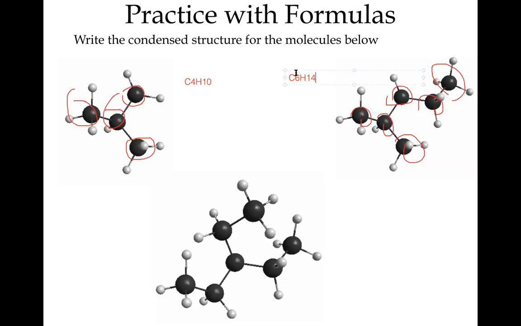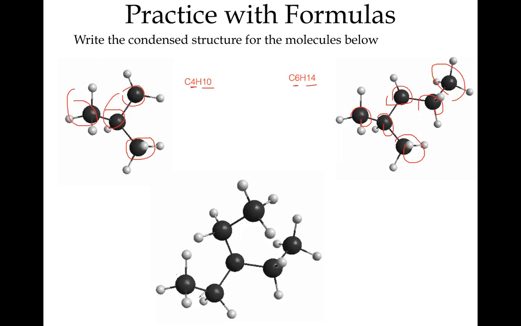So we doubled the 4 and we added 2, and that gives us 10. If we double the 6, that's 12 plus 2, 14. Okay, so that's a handy little thing to just automatically know how many hydrogens you have based on the number of carbons. So let's see if it holds true for the next one.